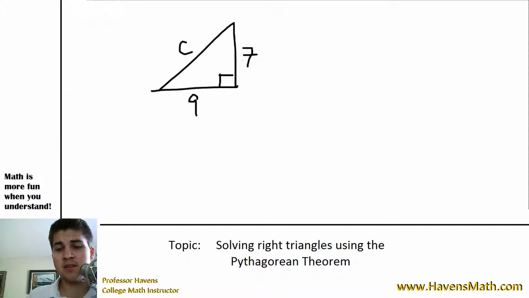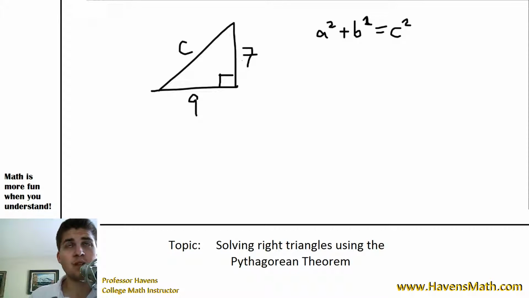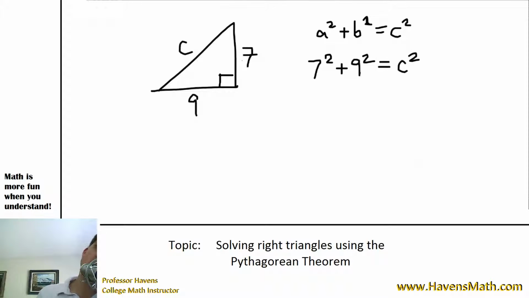Using the Pythagorean theorem, again, starting with a squared plus b squared equals c squared. So in this case, c is our hypotenuse. So those other two are a and b. Again, it doesn't matter which is which. Let's call 7 a and then 9 b. So 7 squared plus 9 squared must make c squared.